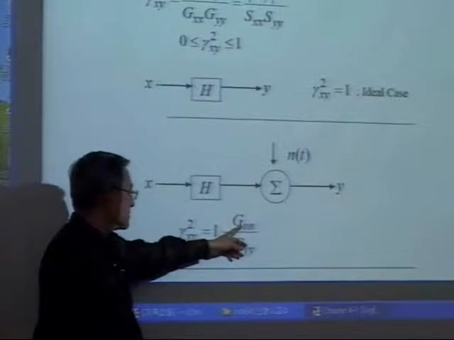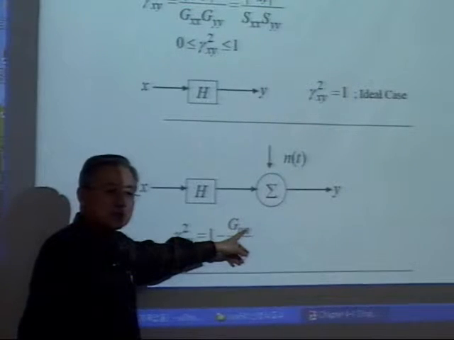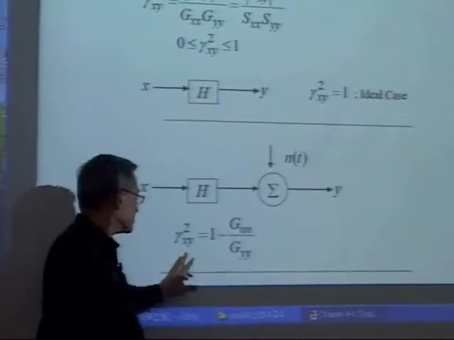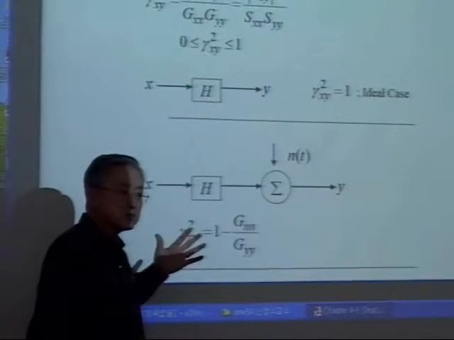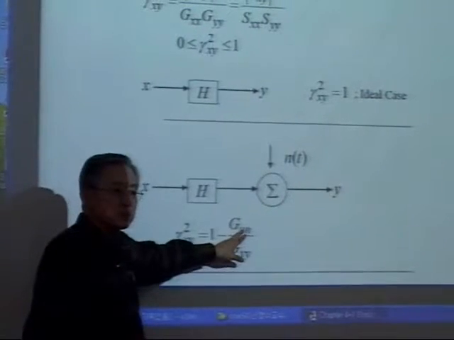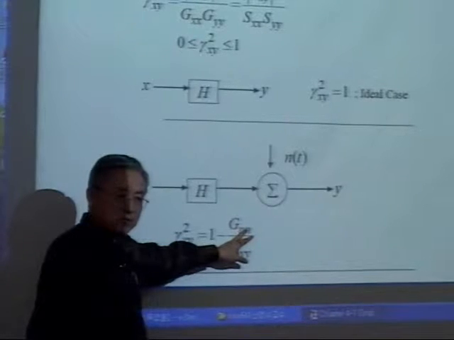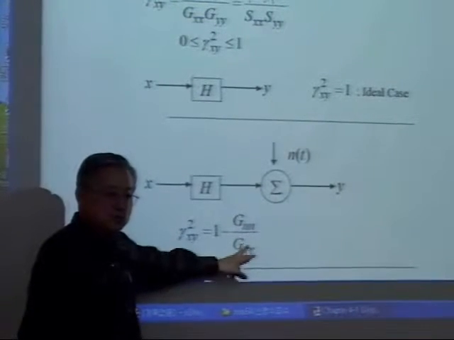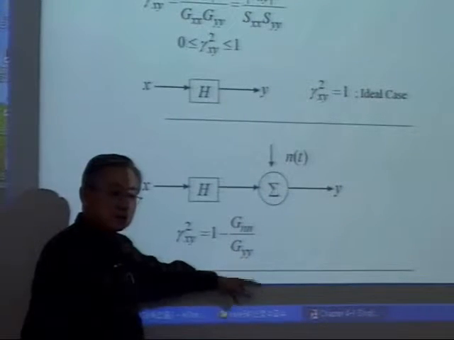So in this case, when GNN is nothing, then this is 0, then this will be 1, which means no noise. If this is full of noise, if this is large, then the maximum it could go is up to GYY.